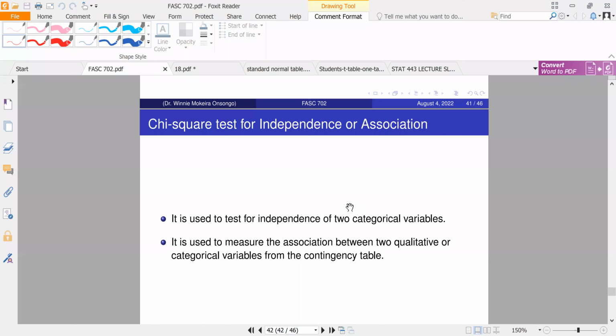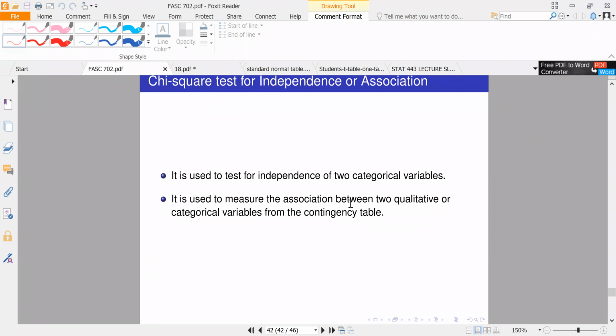For instance, in the preceding example, we can use it to test for the degree of association between an individual's gender and their belief towards the concept of afterlife. So in that particular case, the non-parametric chi-square test of independence comes in very handy in trying to analyze the association between the two categorical variables.